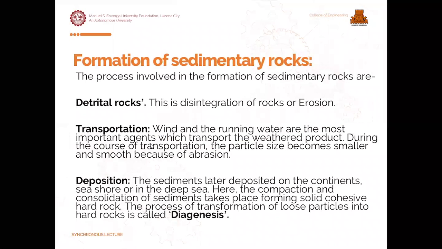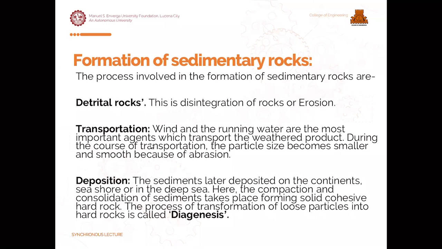So during the course of transportation, the particle size becomes smaller and smooth because of abrasion. Okay? So dahil sa kiskisan, no? Then deposition. So the sediments later deposited on the continent, seashore, or in the deep sea. So compaction and consolidation of sediments take place, forming solid cohesive hard rocks.